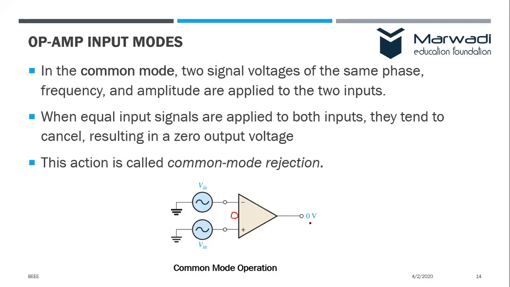Now, how may this help? For example, we have a noise appearing nearby the circuit. Most of the time it happens that we have put a circuit and then there is a nearby power line of 50 hertz.